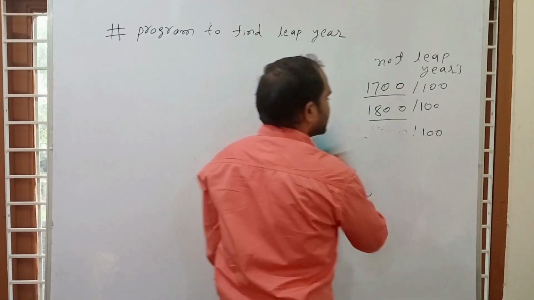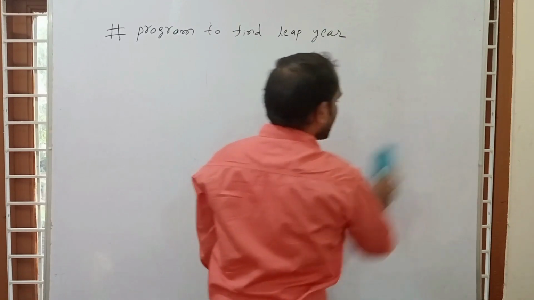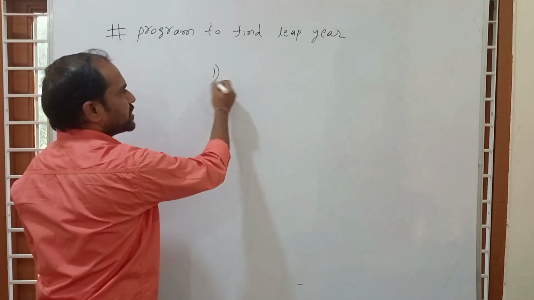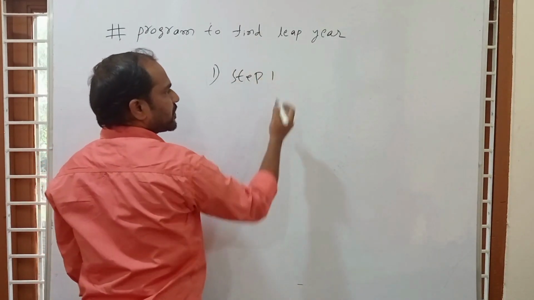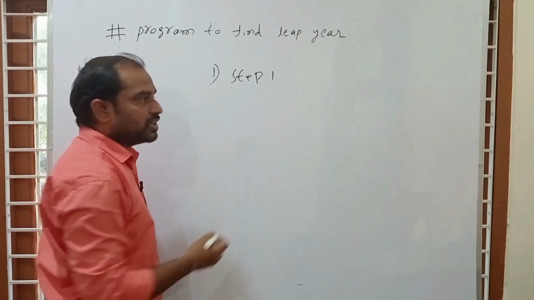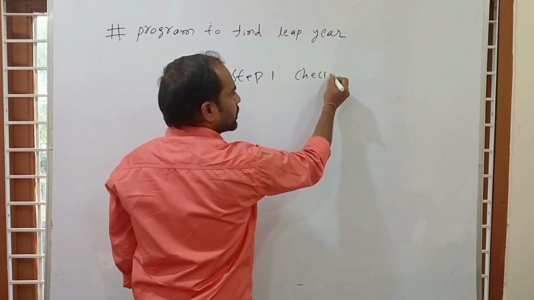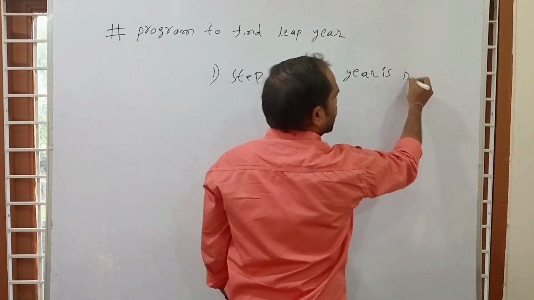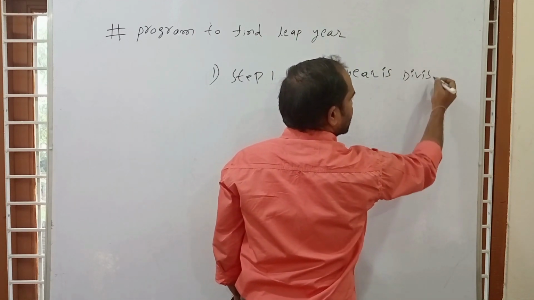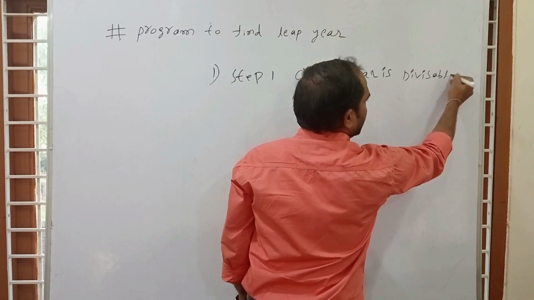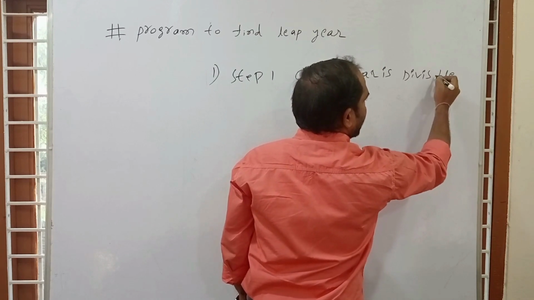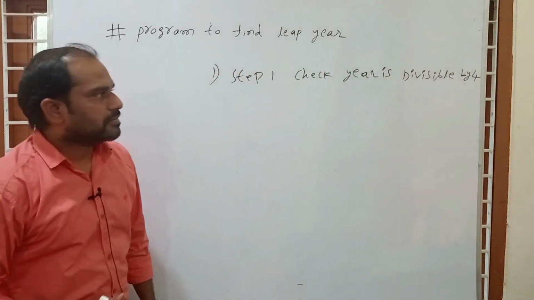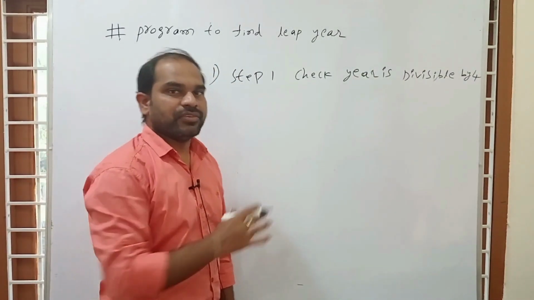So here there are only 3 important points. First, step 1: check whether the year is divisible by 4 or not.